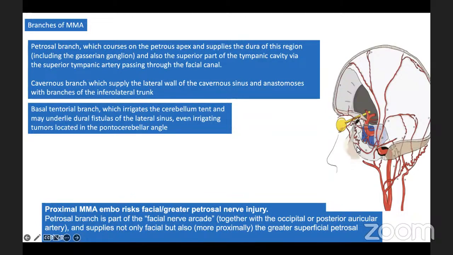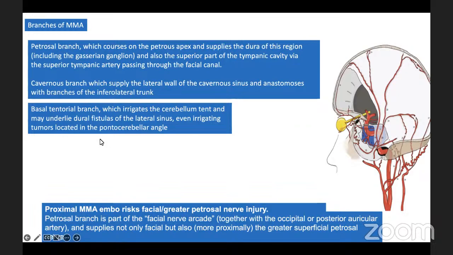So with this anastomosis, if we embolize proximally, before the petrosal branch and the cavernous branch, there is a possibility that it can anastomose and go into the ophthalmic artery and cause blindness to the patient, and also can go behind to the middle ear as well. So we need to check these branches and go further, and then only embolize.